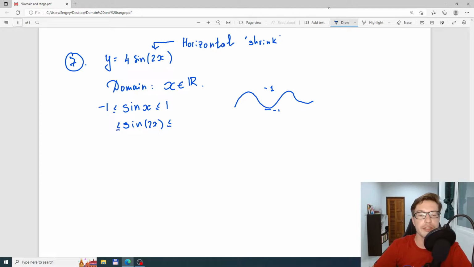So sine 2x is still in between -1 and 1. Now, what does the 4 do? You're multiplying every output value by 4, so your graph is going to be 4 times larger than it used to be. So the graph of 4 sine 2x is going to be in between -4 and 4.